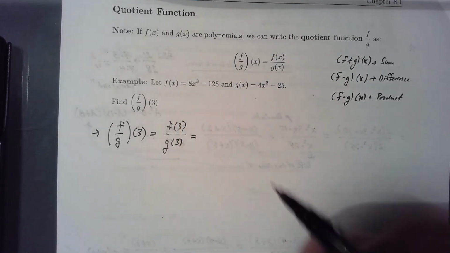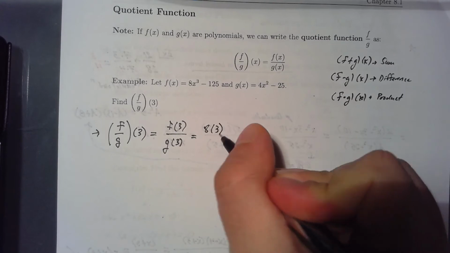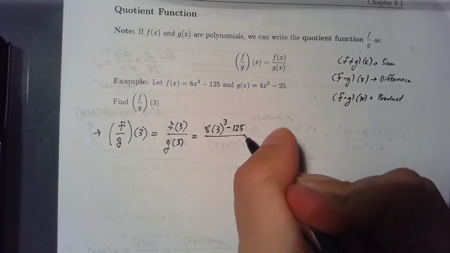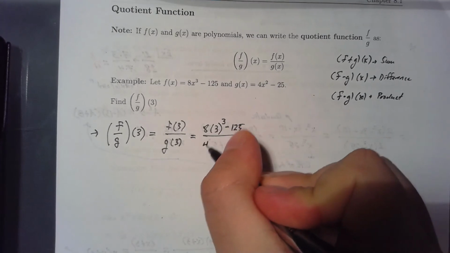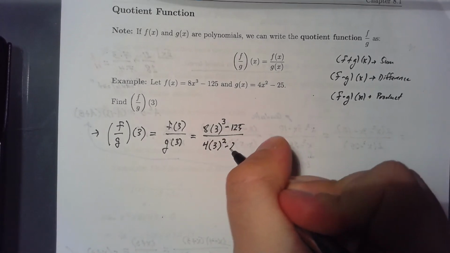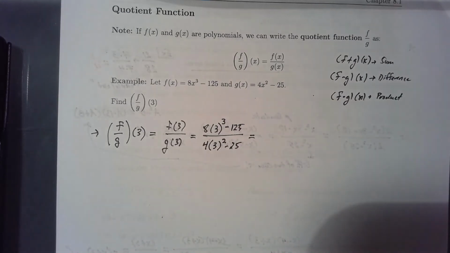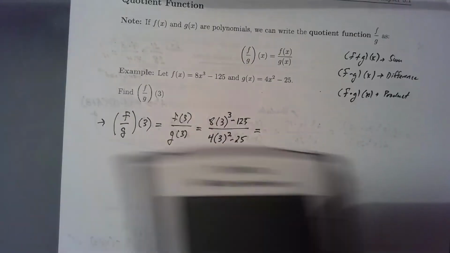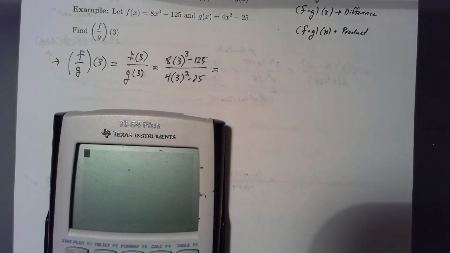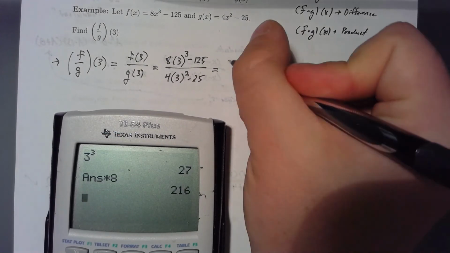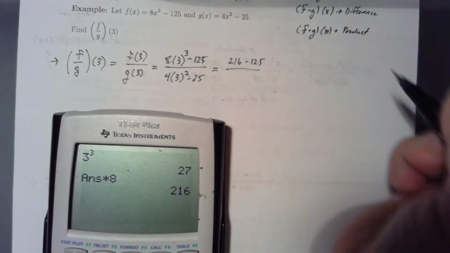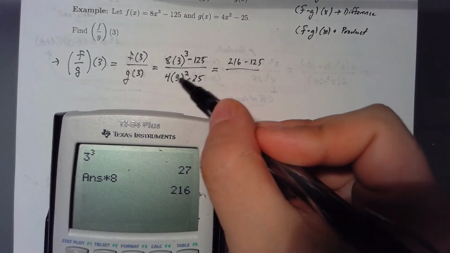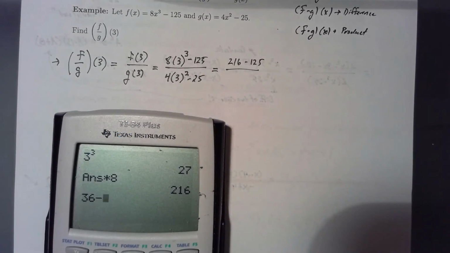So when I plug 3 in here, 8 times 3 cubed minus 125 all over 4 times 3 squared minus 25. And now from there you could just do the direct computation. You're going to get some big numbers, but you will get the right answer. So 3 cubed is 27 multiplied by 8 is 216 minus 125, all over 3 squared is 9 times 4 is 36, so 36 minus 25.